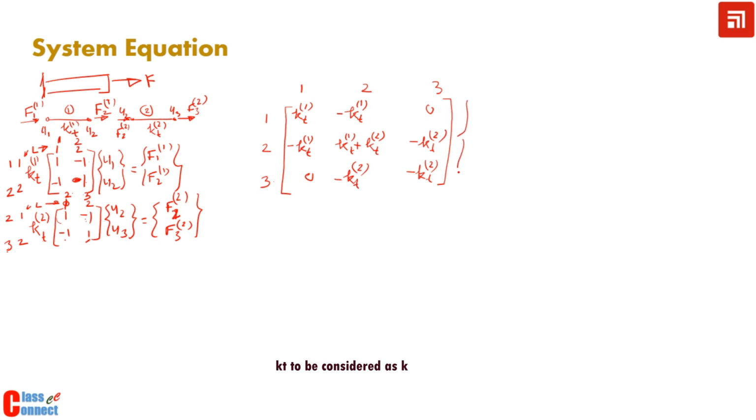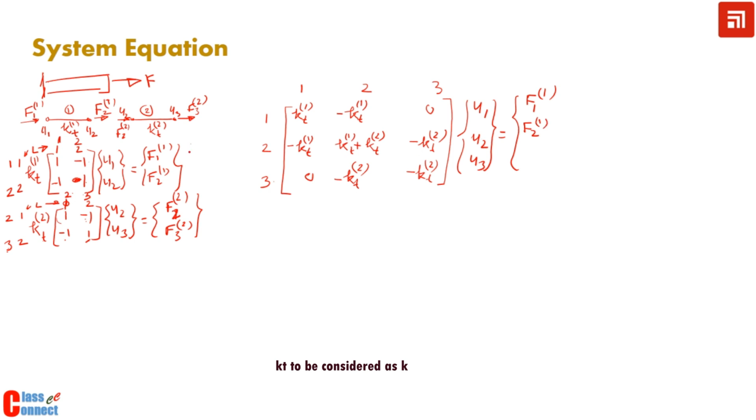And this is the nodal displacement vector: u1, u2, u3, the displacements at the nodal points with reference to the global numbering. Here f1 of element 1 will come, then f2 of element 1 at global node number 2.